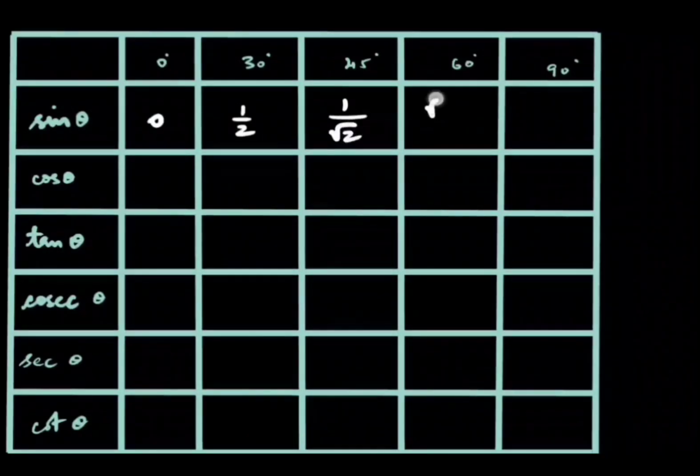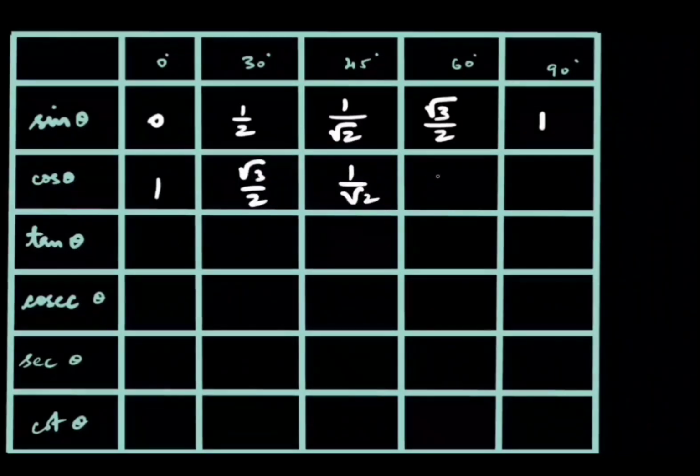Sin 60 is root 3 by 2 and sin 90 is 1. We know that sin and cos are complementary to each other on base of angles. Cos 30 is root 3 by 2. Cos 45 is 1 by root 2. Cos 60 is 1 by 2, cos 90 is 0.